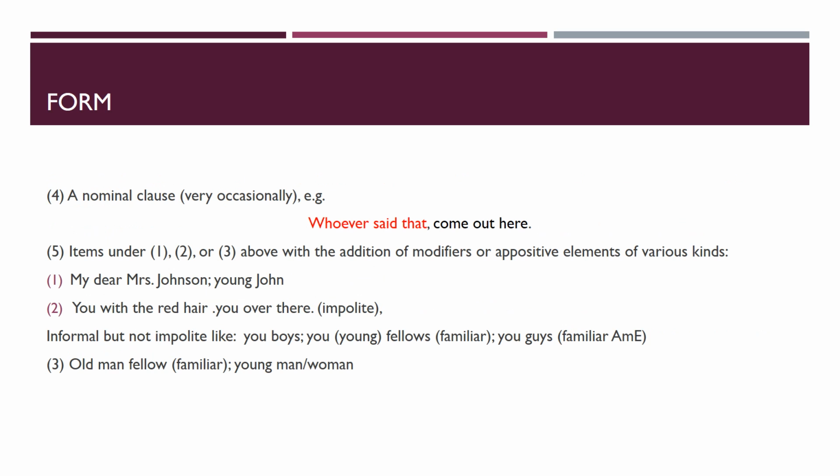A nominal clause. Okay. Also, the vocative can appear as a nominal clause. For example, "Whoever said that, come out here." So the vocative in this sentence appears in the form of a clause. Number five, the items under 1, 2, and 3 above with the addition of modifiers or appositive elements of various kinds.